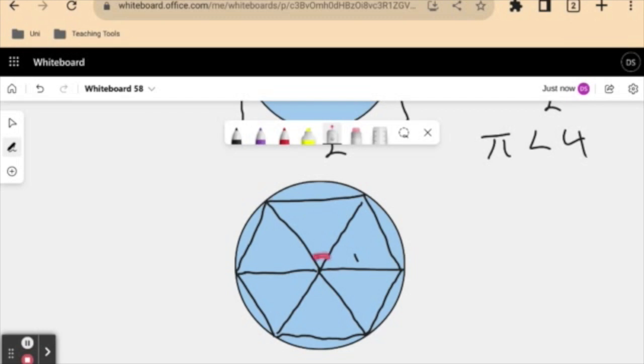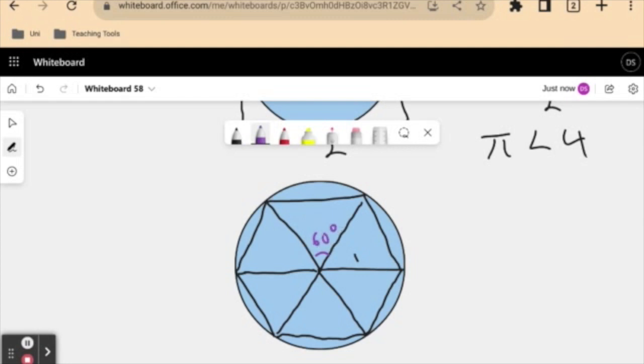So each of these angles are all going to be equal and they're all going to add up to 360. Now there's 6 lots of this angle here. So taking 360 divided by 6, we get that this is an angle of 60 degrees.